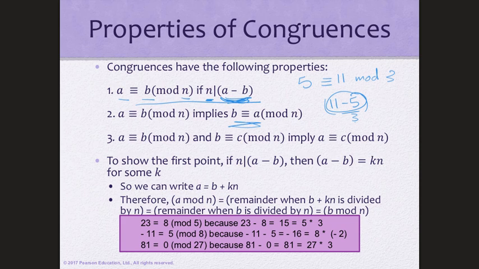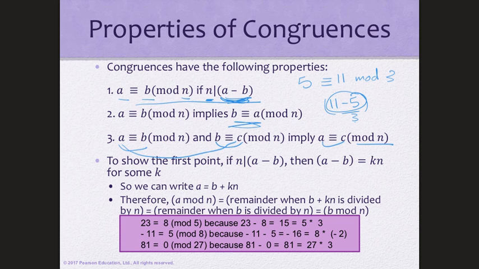Another one is the cascading of congruence. If a is congruent to b mod n, and b is congruent to c mod n, then this implies that a is congruent to c mod n.